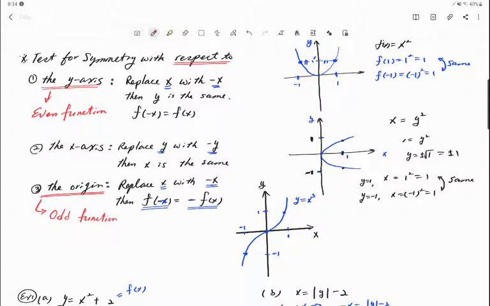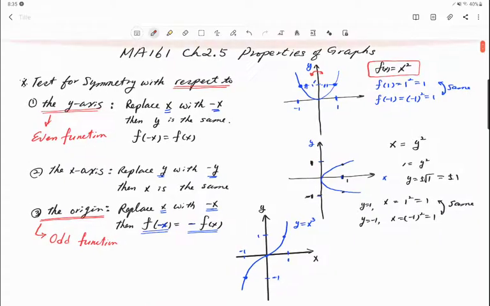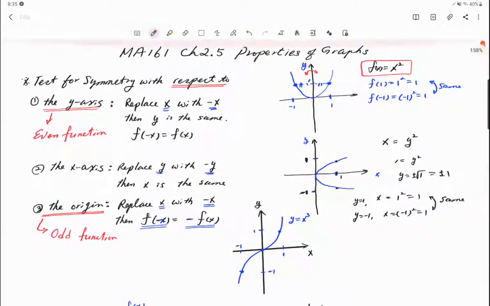Okay, so look at the example of y equals x squared. This is an even function because the graph is symmetric with respect to the y-axis, right? So look at the degree. If you forgot the definition, then look at this x squared example. 2 is even, isn't it? 2 is even.